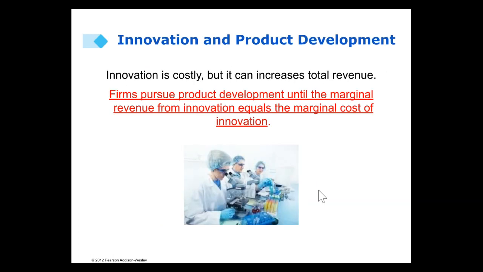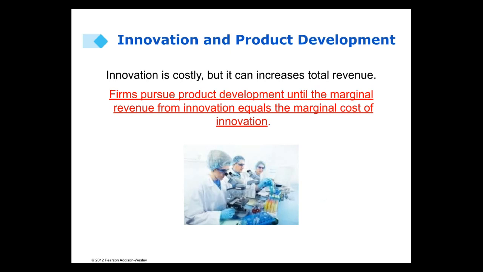So firms pursue product development, but they have to balance that. There's a marginal cost to doing product development. There's a marginal benefit that they receive in terms of economic profits from doing product development. And firms balance those. Innovation is costly, but it can increase total revenue. So firms have to balance those costs against those benefits.